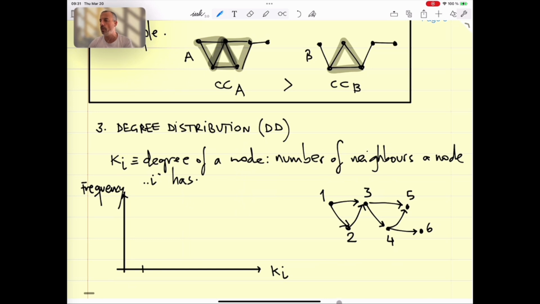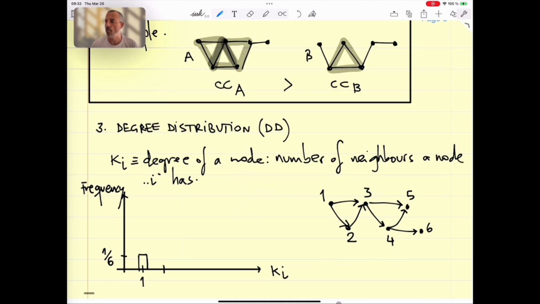So the question is, how many nodes have one neighbor? Can you tell me, please? One node, which is number 6, has one neighbor. So one node has one neighbor, and because we have 6 nodes all, the frequency is 1/6.